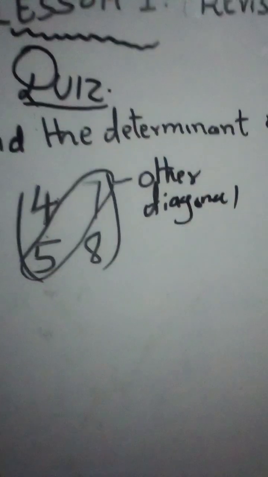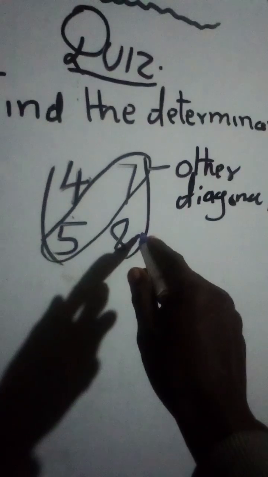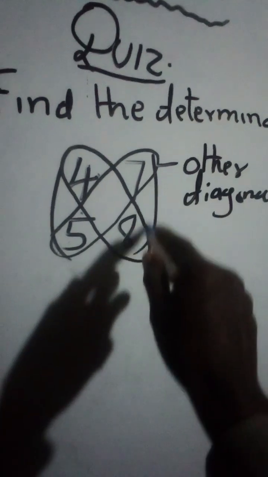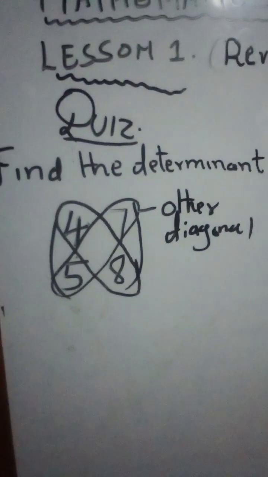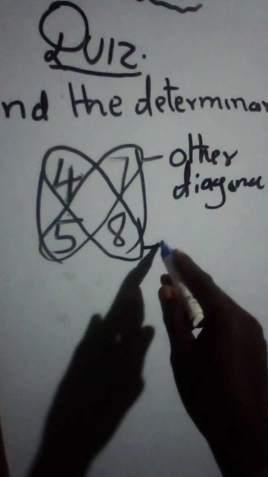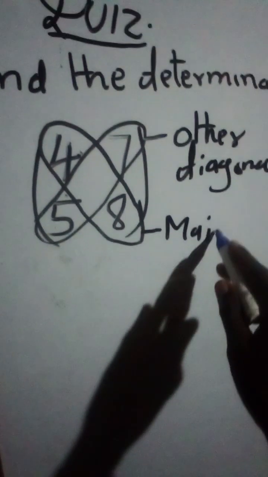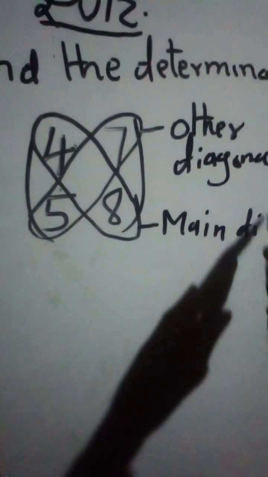And we also have this one. Hope you are seeing what I'm doing here. We have also that. This is known as the main diagonal.